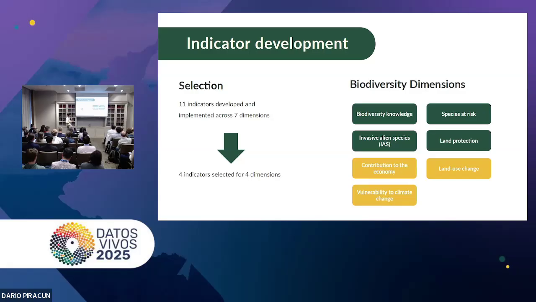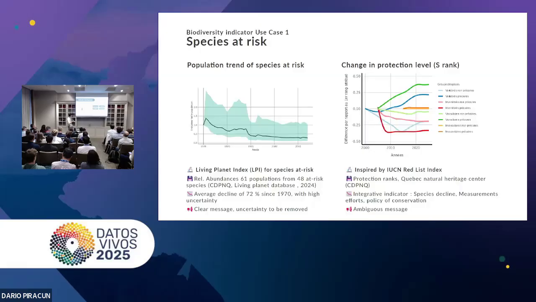But we wanted to represent also other aspects such as contribution to the economy or biodiversity knowledge. And from this whole process, we ended with 4 indicators for those 4 dimensions. And so I will present to you a few of those use cases.